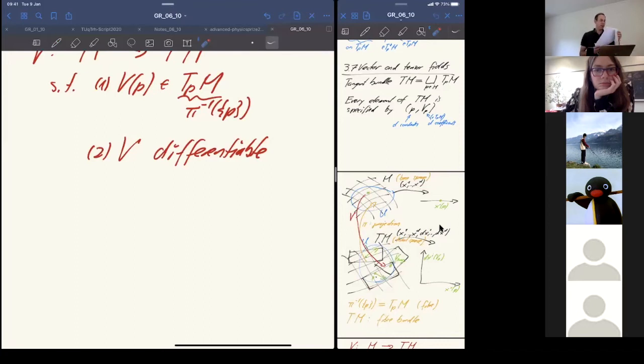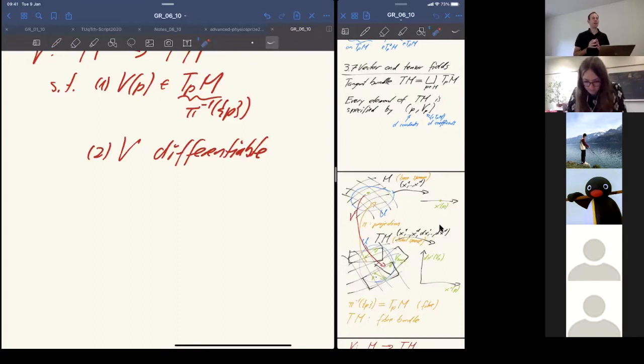So we need the structure exactly to answer this question. Okay, now just as a remark: almost everything that we defined so far, in the last lecture and also in the first lecture today, was about things at individual points. And of course, all these notions can be lifted to notions on TM.